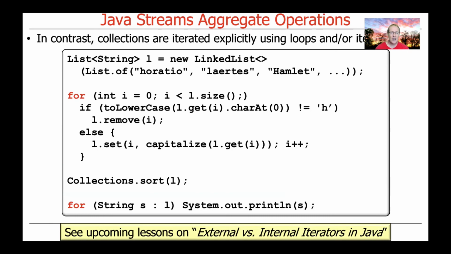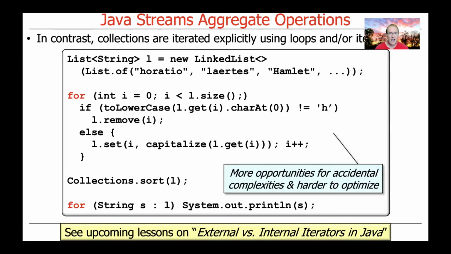And as you can see here, we have a couple of for loops. We have a bunch of if statements. We have a lot of code that isn't really integrated. You don't see the fluent interface style of programming. Everything is done in a more ad hoc way. And as a consequence, there are a lot more opportunities for accidental complexities to arise here. And it's also a lot harder to perform transparent optimizations.